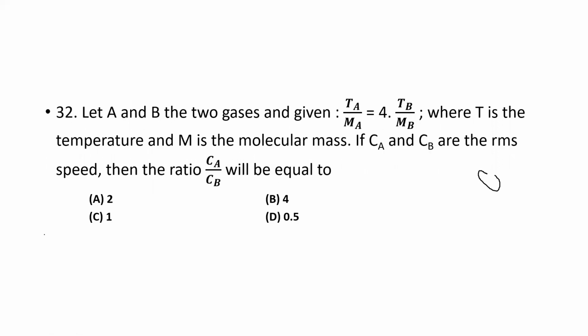Next question. Let A and B be two gases. It is given that Ta by Ma is equal to 4 into Tb by Mb, where T is the temperature and M is the molecular mass.